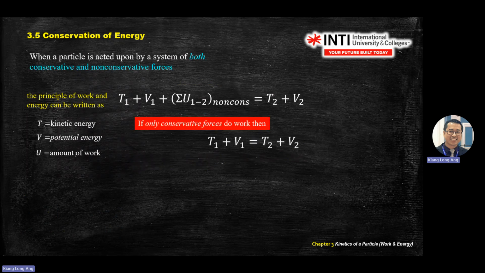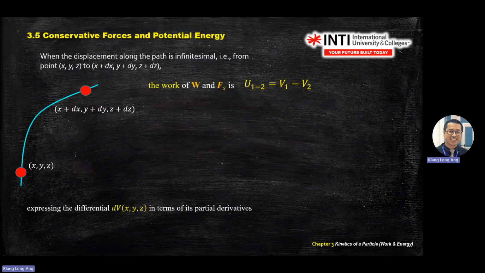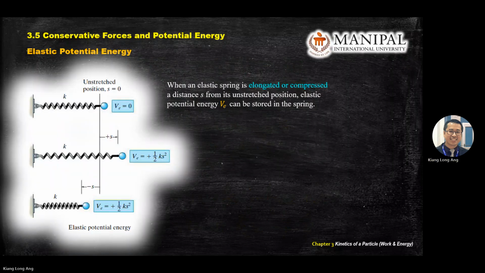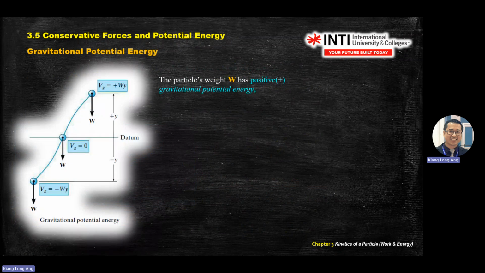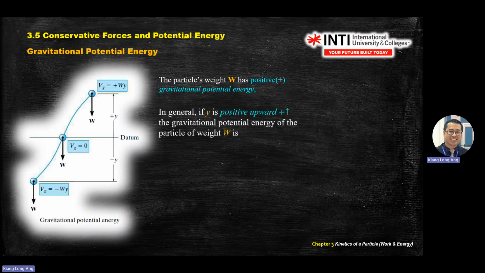Maybe I need to repeat three times for every slide because most of you don't understand simple slides. I didn't mention it in the class: mgh, or potential energy, you are referring to the datum.